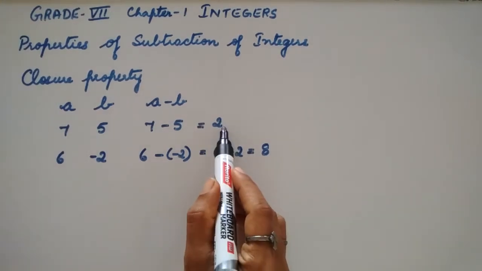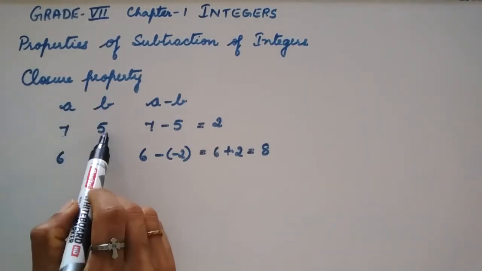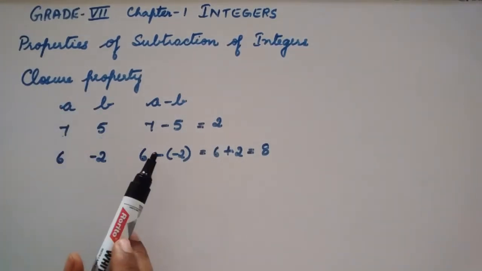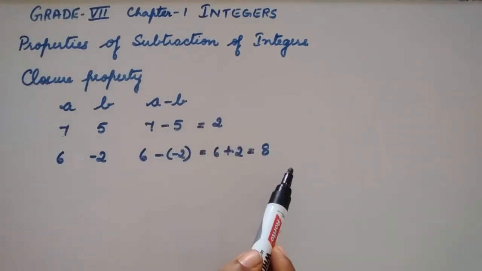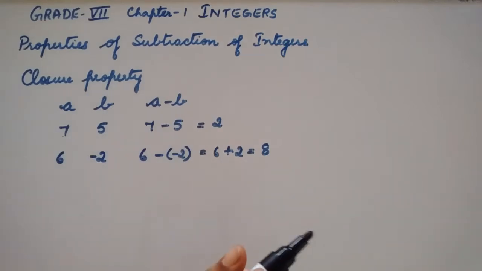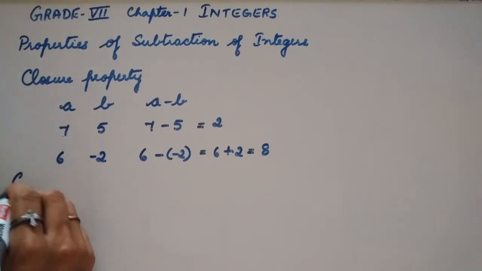So 2 is an integer, 8 is an integer. That is, if a and b are two integers, then a minus b will also be an integer. Next, let us see the commutative property.